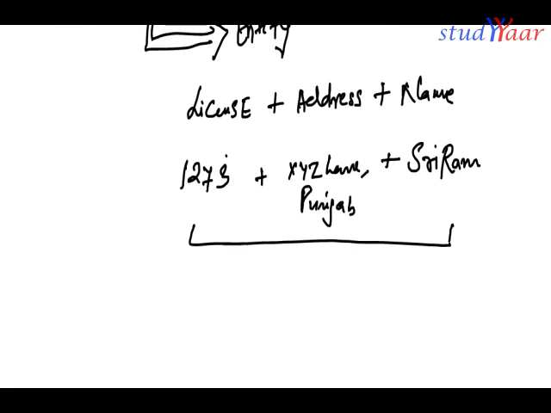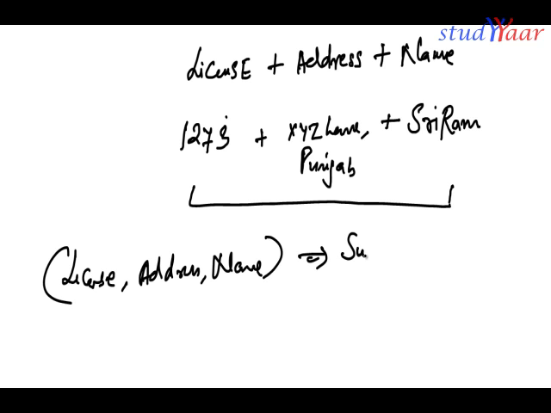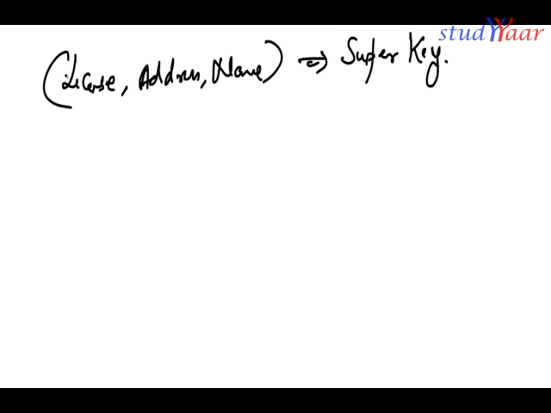So I say license, address, and name is a super key. So what is a candidate key? Let's understand what is a candidate key.